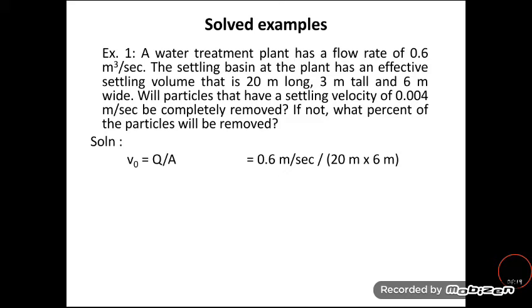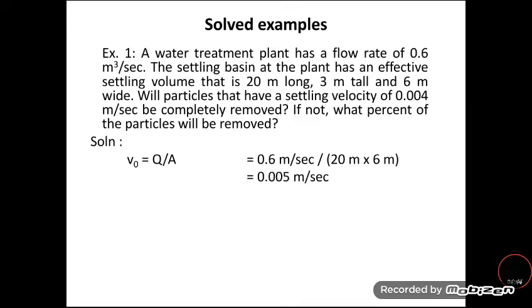First of all, V can be calculated by means of flow divided by area. It is equal to 0.6 meter cube per second divided by the area, 20 meter long by 6 meter width.